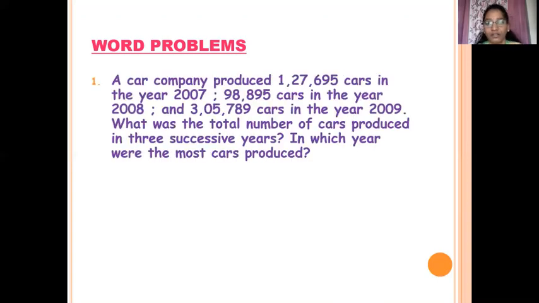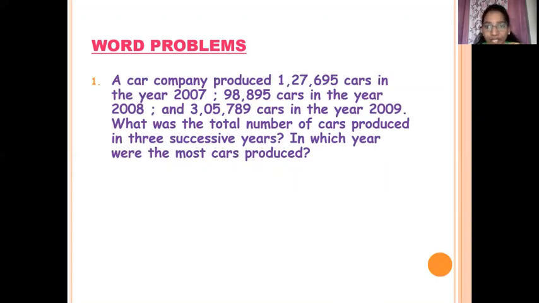Right? Now, let's start with word problems based on addition. Hope I'm clear so far. So, let's see the first one.